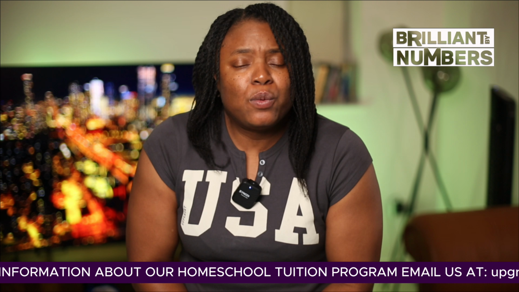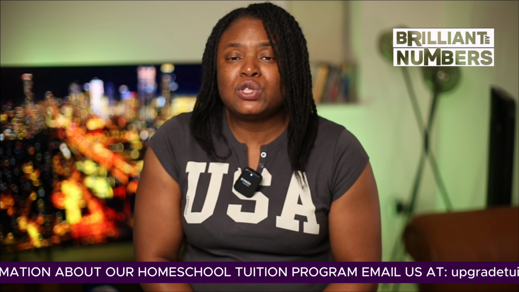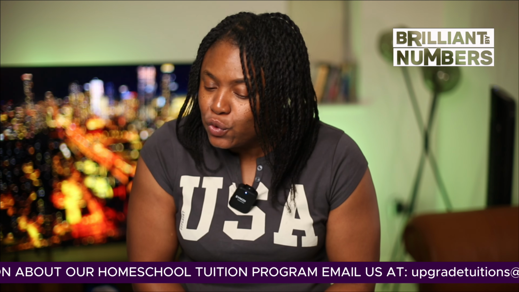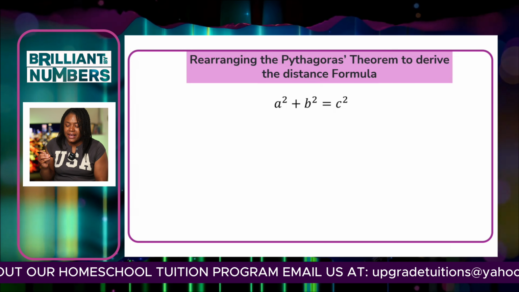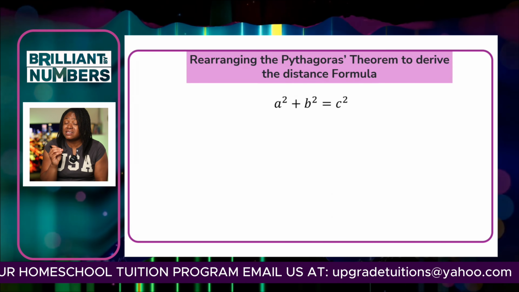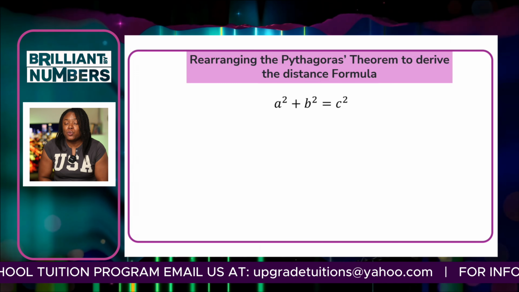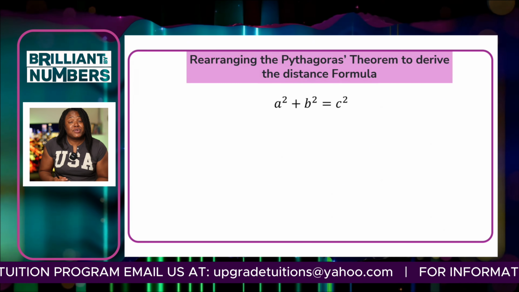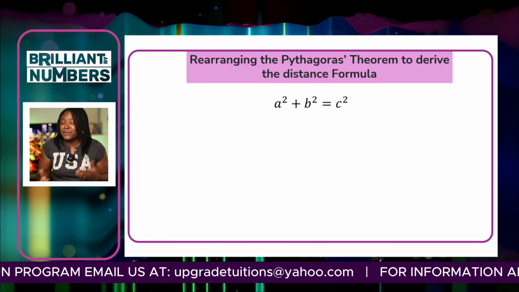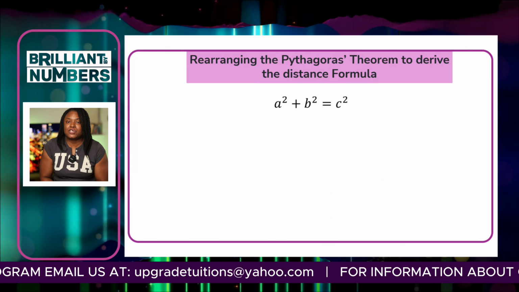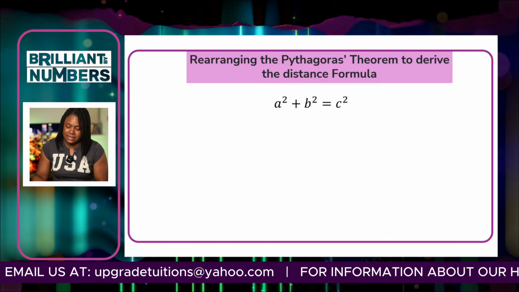Now, what if I wanted to make the hypotenuse, which is c, the subject of the formula? I can see here that at the moment I'm given c squared, but I want c on its own. So what we would need to do is to do the opposite of squaring both sides, which is actually finding the square root.